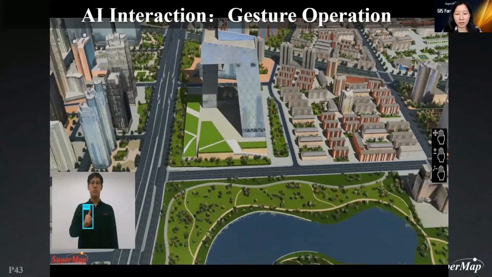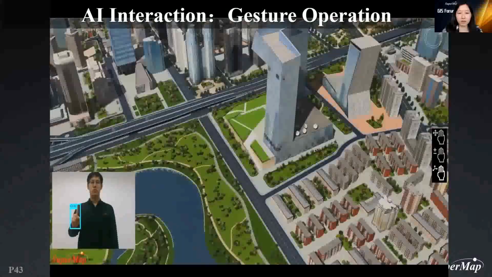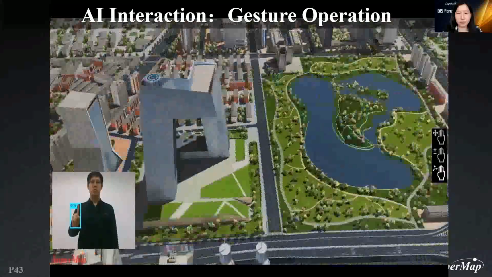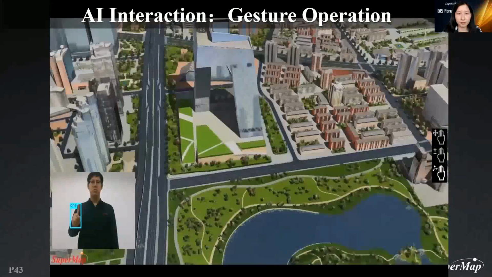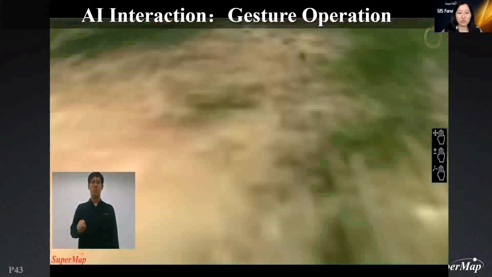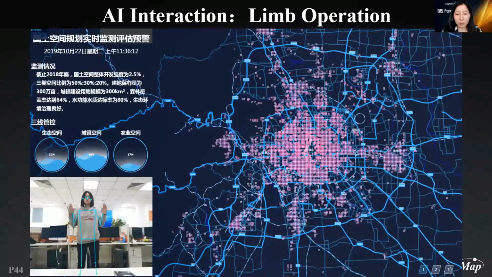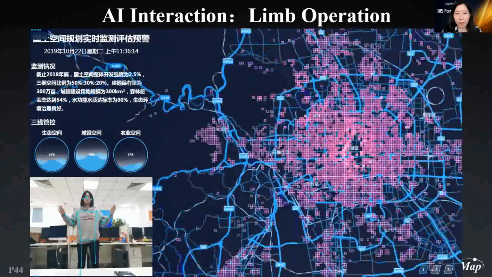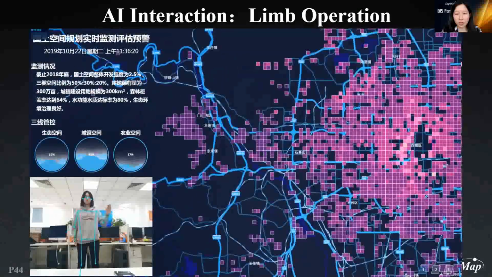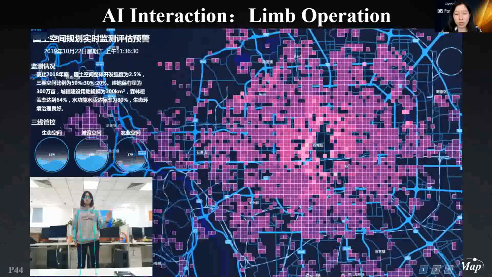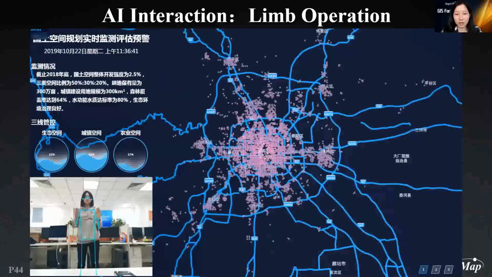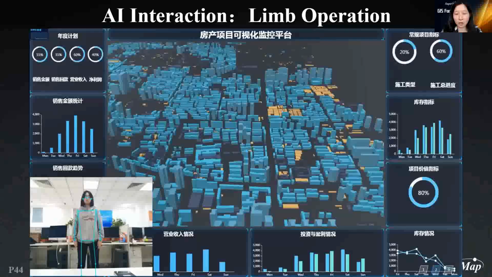And we can rotate. Similarly, we can also use our limbs to control the map, for moving, zooming in and out, rotation, and controlling the layers.